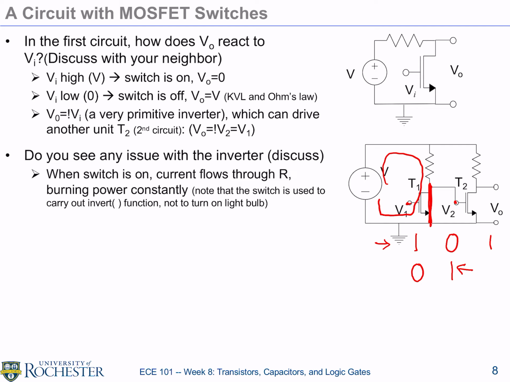The current is V over R, if this resistance is R and the voltage supply is V, or the power is V squared divided by R. Constant. We're not doing anything to it. We send you an input, you give me an output, and I'm done with it. The power is on. I'm not turning the entire chip off, but I'm not sending you more information to process. So that's bad. We don't want constant power. This is not doing work. It's just generating heat.